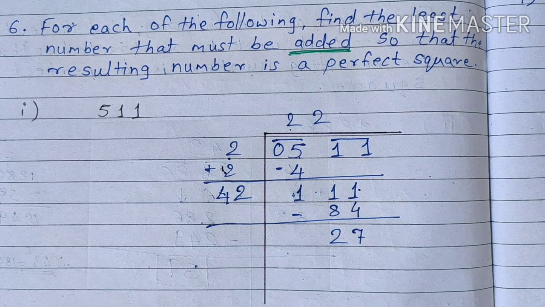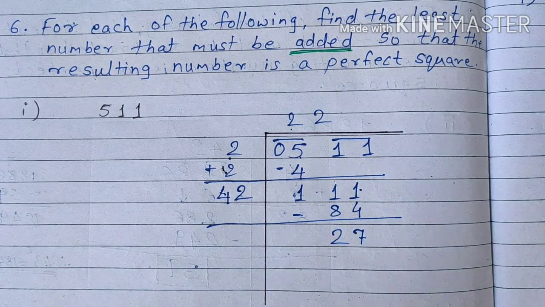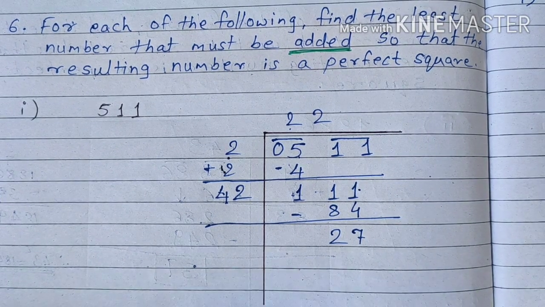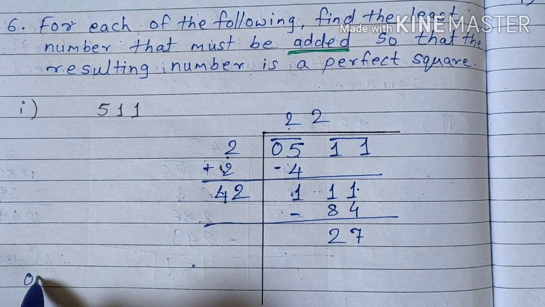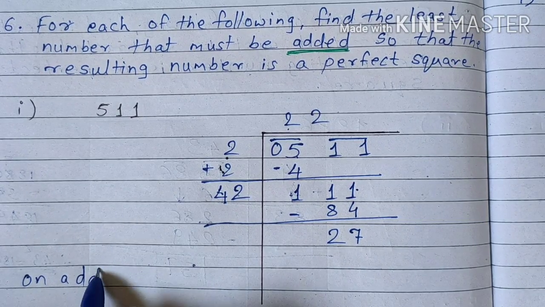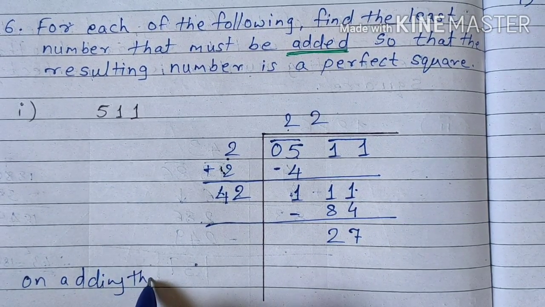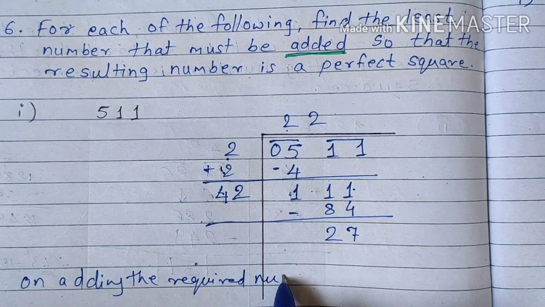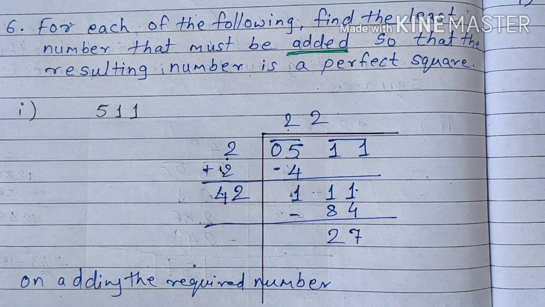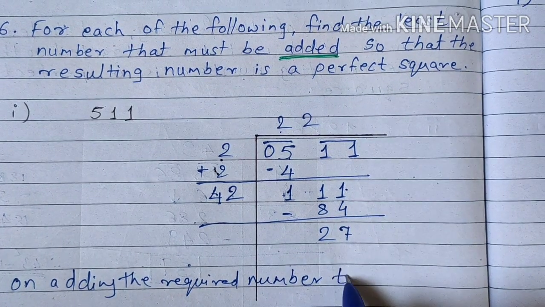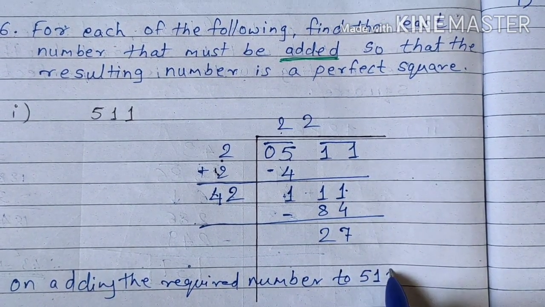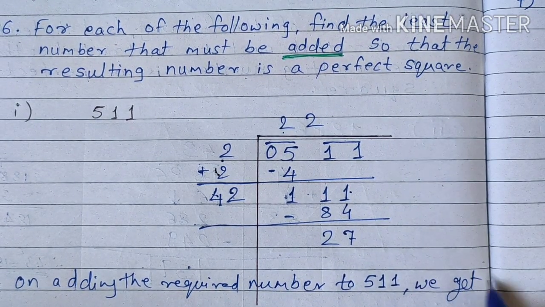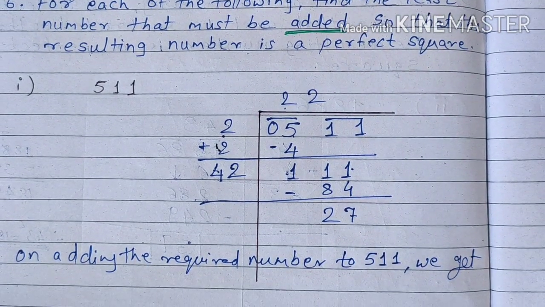So therefore, on adding the required number to 511, we get 23 square.